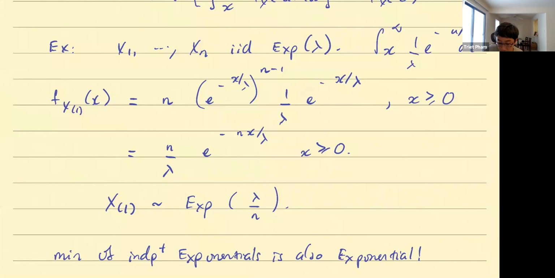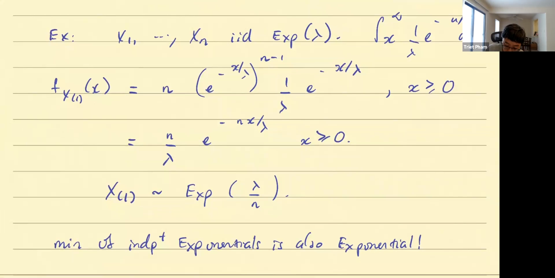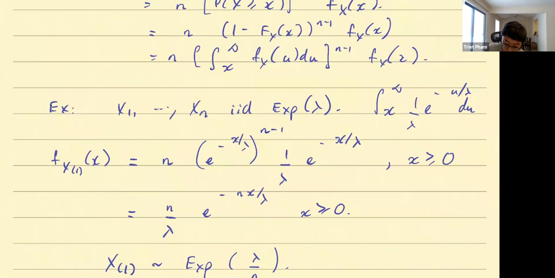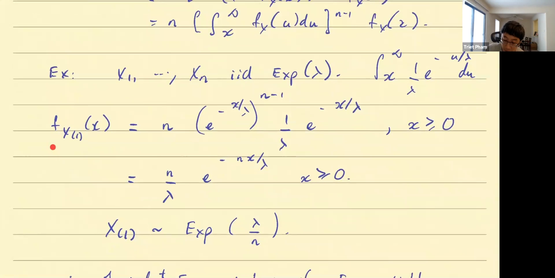I mean, that's a fact that would be useful if you take a class like 478, stochastic process. Here, we don't really use this anyway, but it's a very interesting observation. The minimum of exponentials stays exponential. It's not true for the max, okay? The max of exponentials is not exponential. You can, again, right, use the formula we derived above to get the sample max density, and you can observe that it's not an exponential distribution.